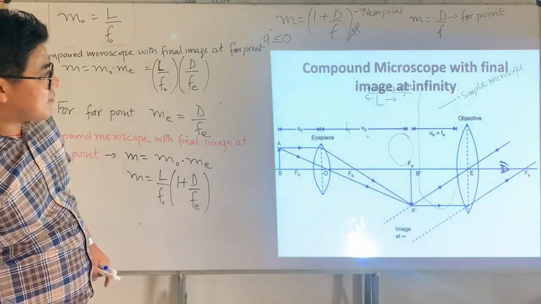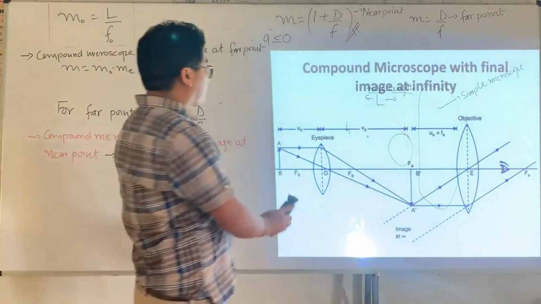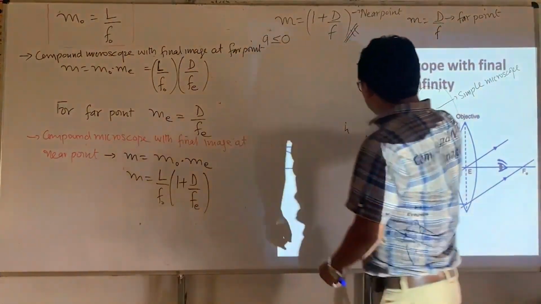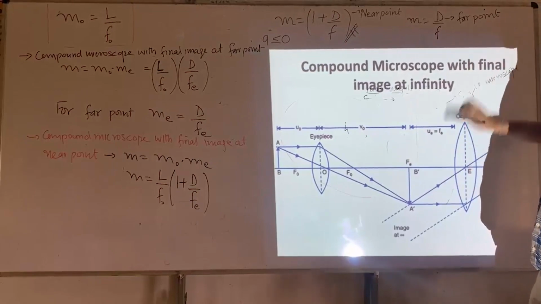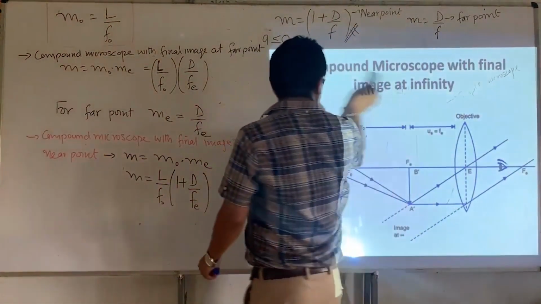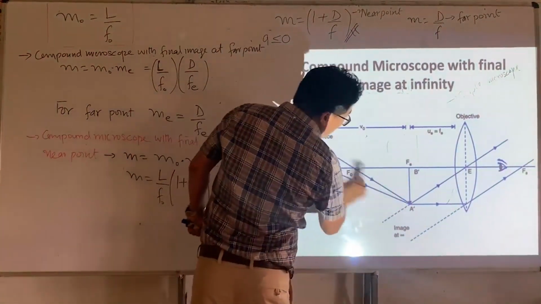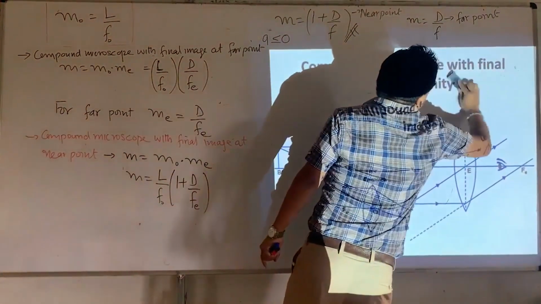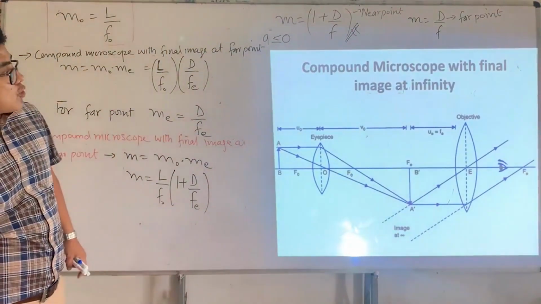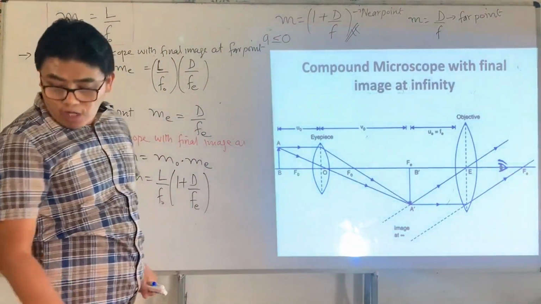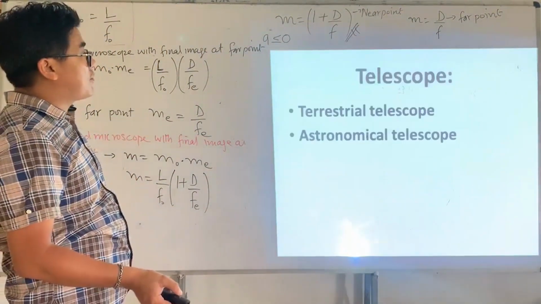This is a ray diagram which is not there in your textbook. This is the ray diagram where the final image is at infinity. Alright. This is all about the microscope.